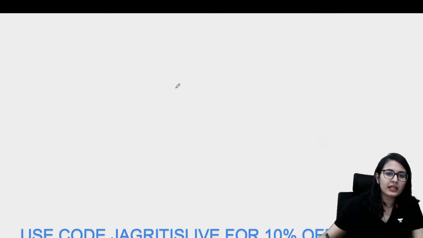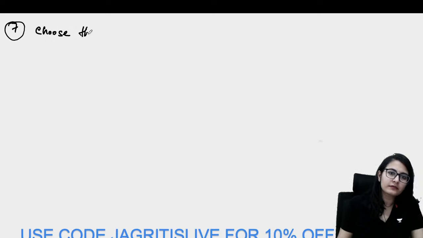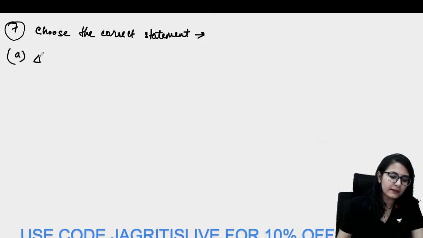All right, let's do question number 7. See, this is a nice question. You have to choose the correct statement based on the TS diagram, Tanabe-Sugano diagrams.